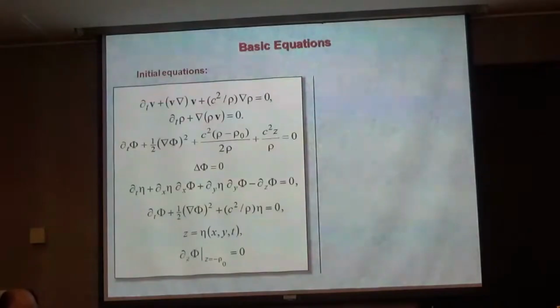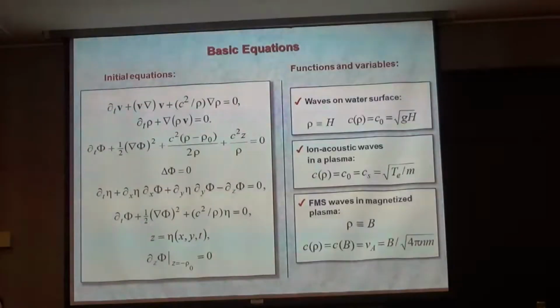Depending on the physical sense of functions and variables, this set of equations describes waves on water surface. In this case, rho has a sense of the water depth. C is the phase velocity of linear waves of small amplitude.